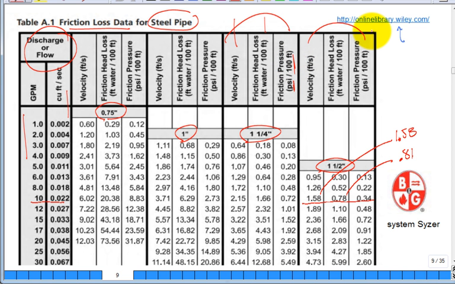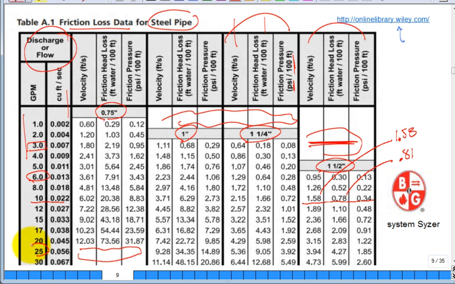And also what they do is they sort of truncate. This is no man's land. Sure, right in here, you could put 3 GPM through a 1.5 inch pipe, but nobody would want to. It's too big of a pipe. So it helps you, if you're running with a 1.5 inch pipe, the minimum GPM would be 6 as a design, and the maximum I don't think I have, but they stop it here.